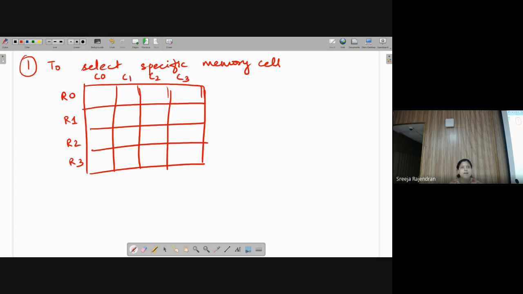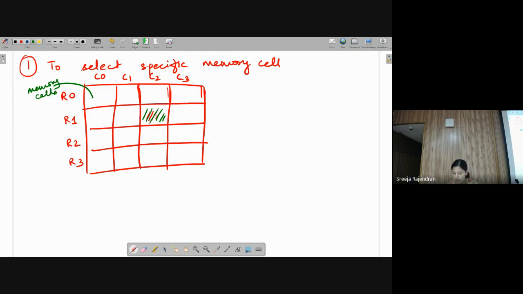Okay. Now I want to read data, or suppose your data is stored somewhere here. Okay, this is where my data is stored. Okay, one particular value is stored in this. Each of them are called cells. They are called memory cells.